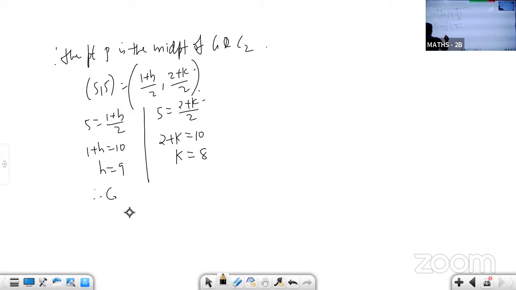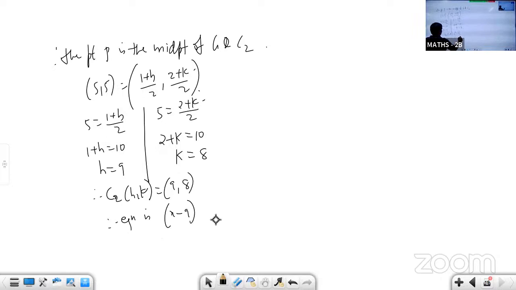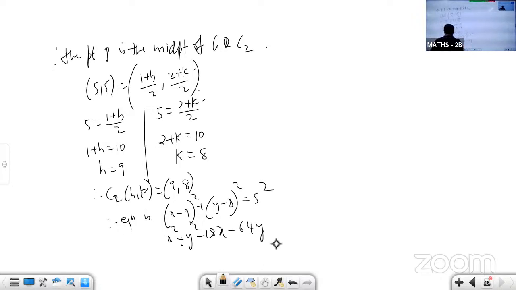Therefore, C2, where H, K is 9, 8. Therefore, the equation is x minus H whole square plus y minus K whole square equal to R square. What is R? 5 square.